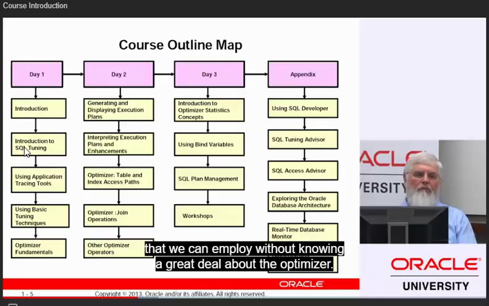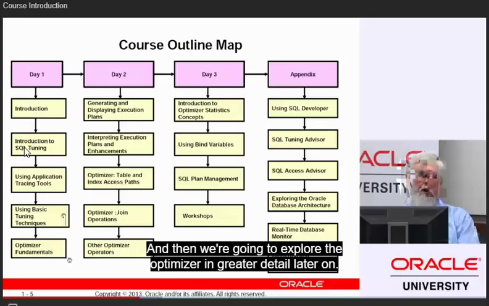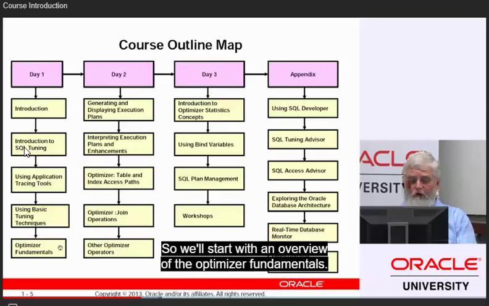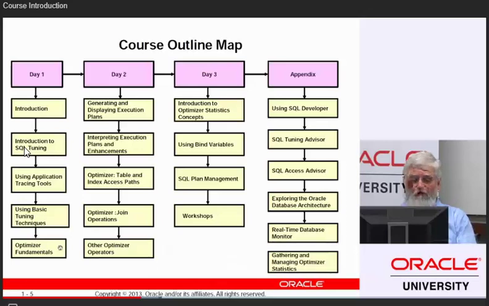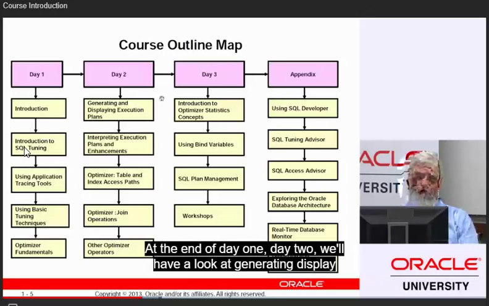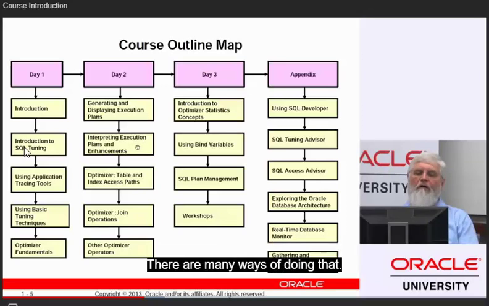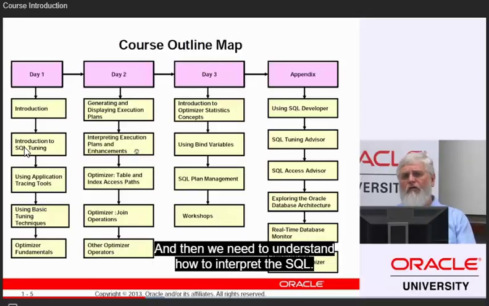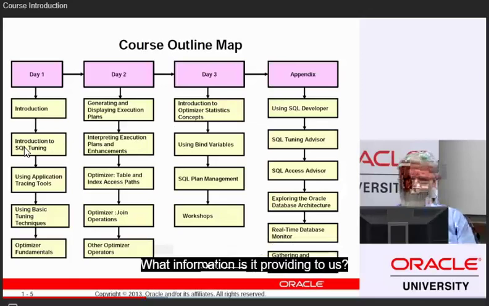Okay, at the end of day 1, day 2, we'll have a look at generating and displaying execution plans. There are many ways of doing that. And then we need to understand how to interpret the plans. What information is it providing to us? And then we'll have a look at the details of how the optimizer actually works within the particular environment.